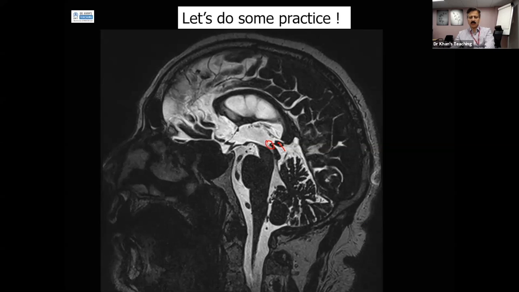Which commissure is this? Posterior. Okay, very good. So what is this? You see this thing? There is a commissure here. Anterior. And this thin membrane where I'm just pointing out parallel to it, so this will be the lamina terminalis, very good.